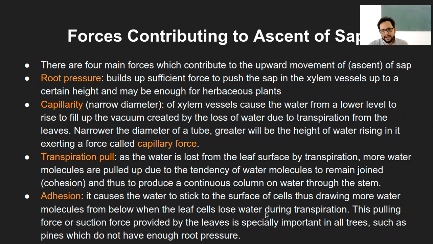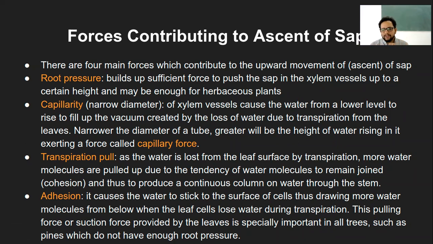This pulling again creates more suction force, more transpiration, and more water evaporation, and that also creates the ascent of sap. This is specifically observed in pine trees, which do not have enough root pressure, but still there is more adhesion, and the more water being pulled out, the upward movement of the cell sap keeps on happening.